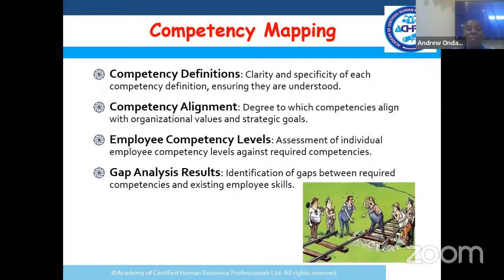If we are to avoid ending up where this railway line has ended, then in our competency mapping, we should clearly say which of the competencies are required in all the departments.